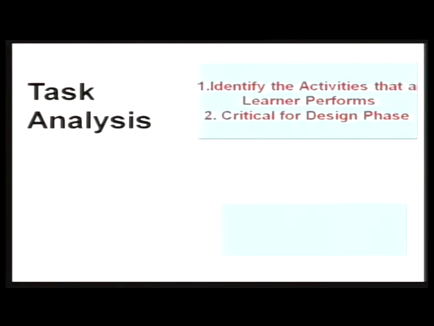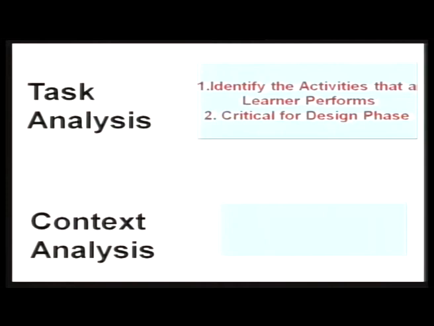Then you have to identify the design, which will go into the design phase. The next sub-phase is the context analysis. Under context analysis, you have to examine the conditions. Very important here is your learning environment.